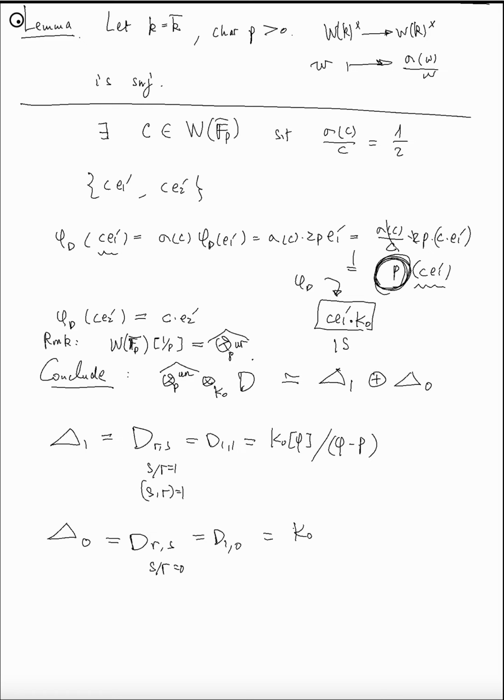This is K0 with phi quotient by phi. It's isomorphic to K0, which means the Frobenius here is trivial. And this is exactly the case with C E2 prime K0. Frobenius over the base is trivial, but only semi-linear over the coefficients. And so we got this description.